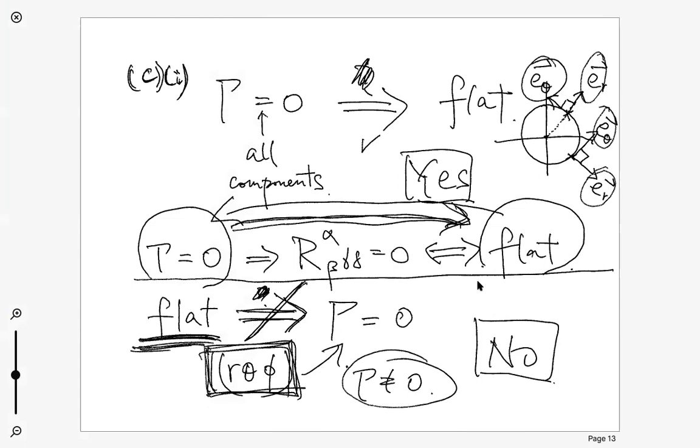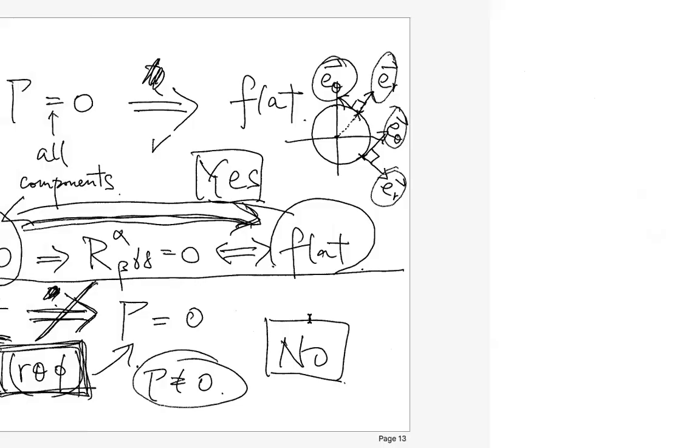C2 asks, can we conclude the space or the manifold is curved when the Christoffel symbols have non-zero components? This is the first part of the questions.